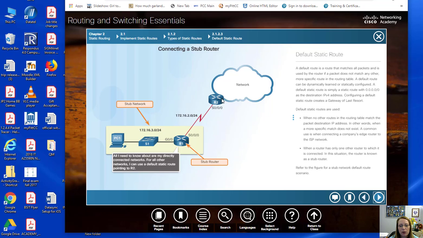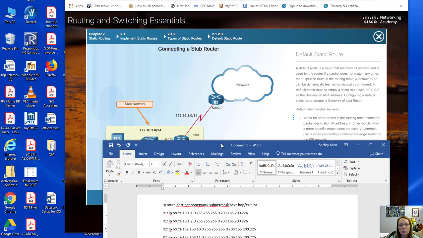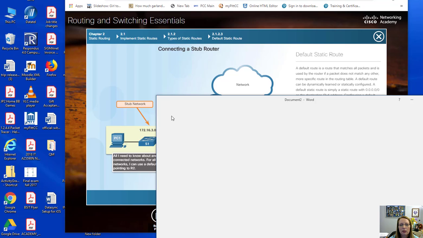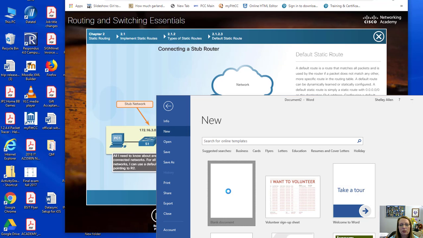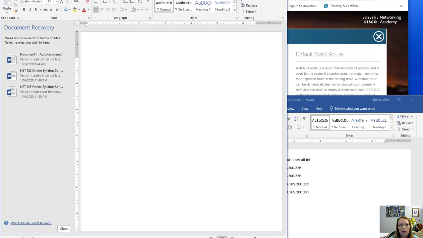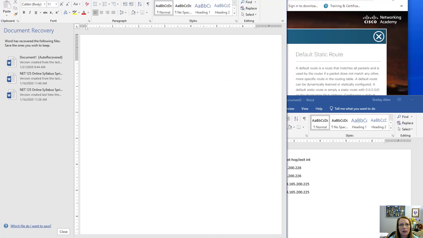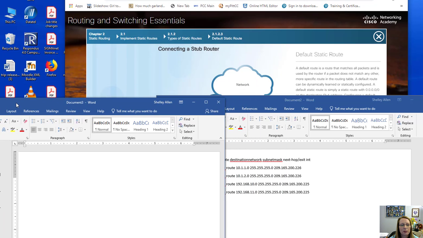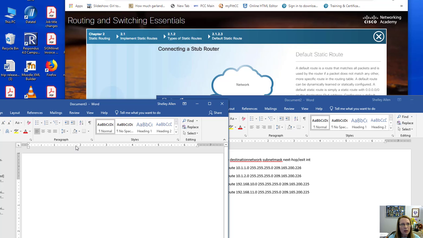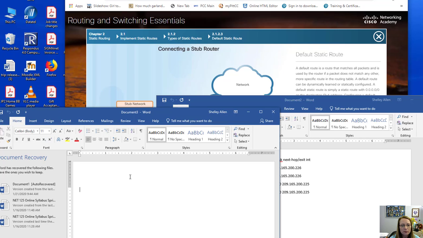So when you're configuring your static route, for example, you would use quad zeros, which sounds really weird. So let me go in and show you a new page. If you're looking at your static route, it would be IP route, okay, and then it's going to be zeros, what I call quad zeros.